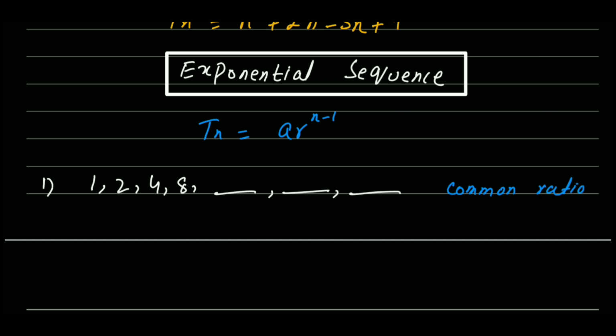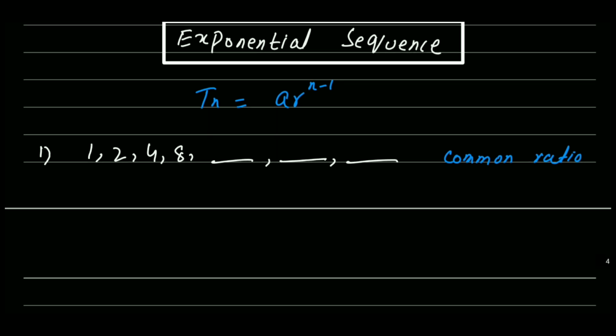R is the common ratio. A is always the first term of the sequence, and n is the required term. So this is the sequence, and if the question is asking to find the nth term and complete the sequence, first of all we can see here that this sequence has a common ratio. Like, what is the formula of the ratio?